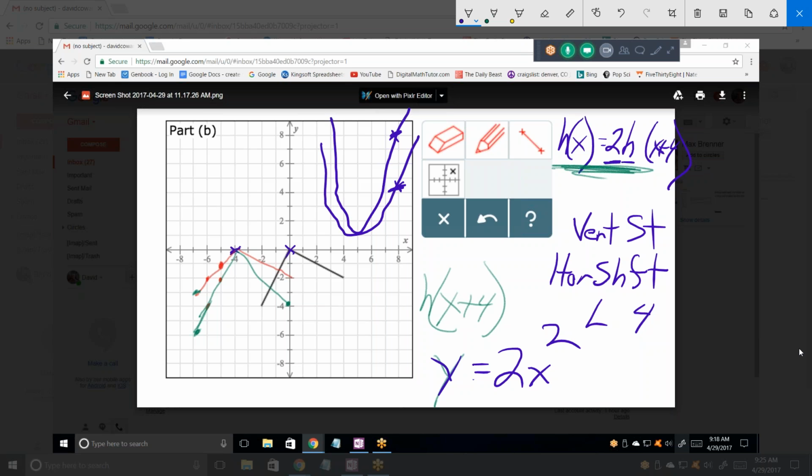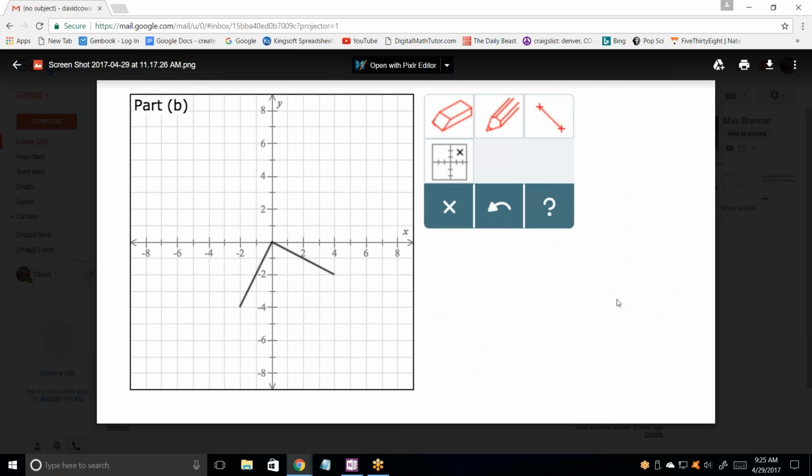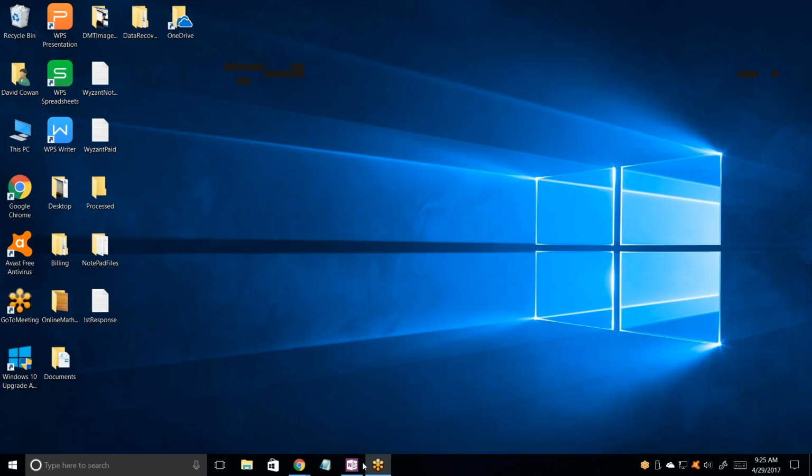So why, when it's inside and you're working with x, does multiplying it by 2 not stretch it? Doesn't it shrink it? Here, let me pull up my page.